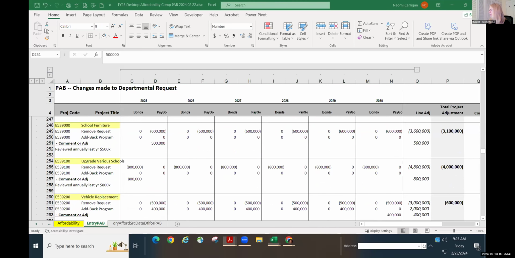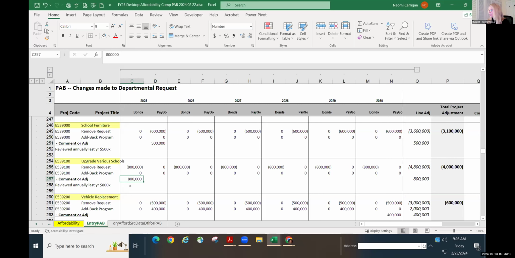Okay, upgrade various schools. It looks like they were requesting 800. Last year we gave them 800, and the out years are at 0. I'd rather keep this. Upgrading various schools, we've no idea what that really means.